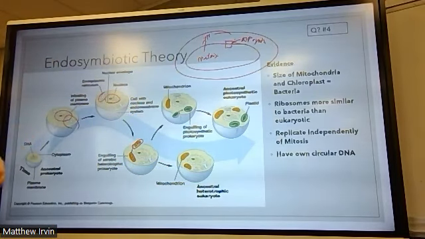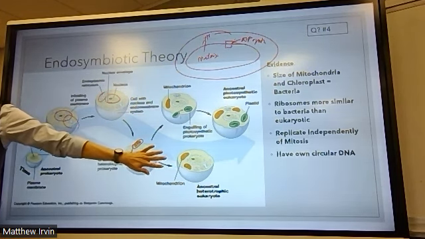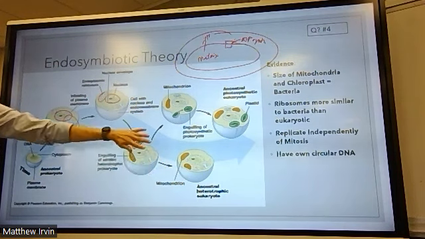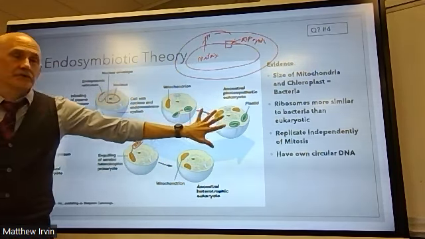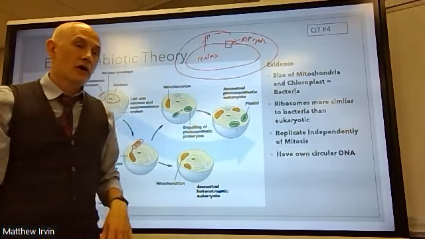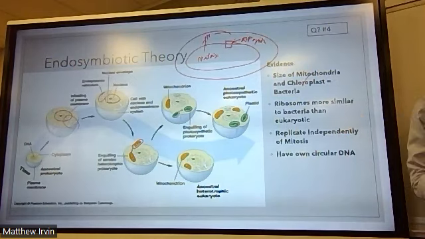And then the same thing happens with the chloroplast. And it's thought that this happened first because plant cells all have mitochondria, and then chloroplasts come in later, and these eventually develop into your plants. So our main points of evidence: mitochondria and chloroplasts are the same size as bacteria.